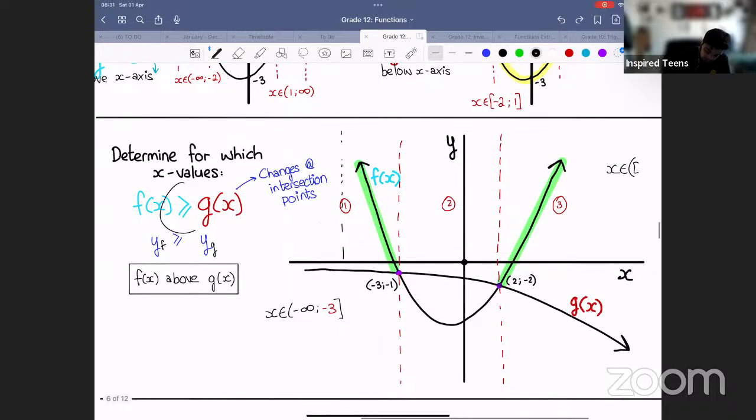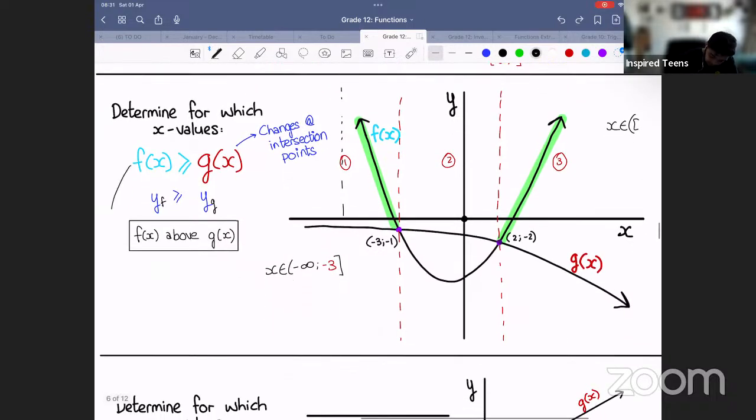This basically has two conditions. It has one condition that says f of x greater than g of x, and a second condition that says f of x is equal to g of x. They want the x values for which f of x is greater than g of x or f of x is equal to g of x, because it's greater than or equal to.